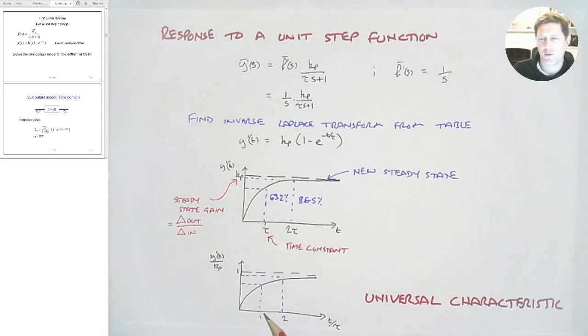Where t over tau is equal to 1, when it's equal to 2, that corresponds to 1 time constant response, 2 time constants response of 63 and 87% distances to the new steady state. So this is going to be true for any system that behaves in the way described by that basic equation at the beginning. So it's got a universal characteristic to it.